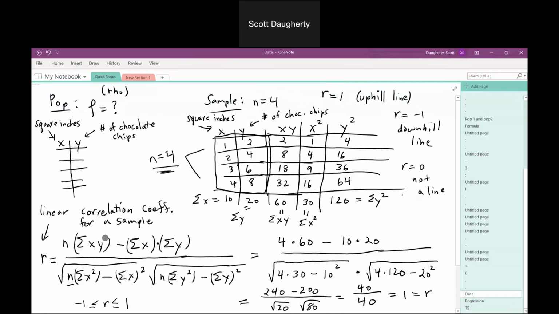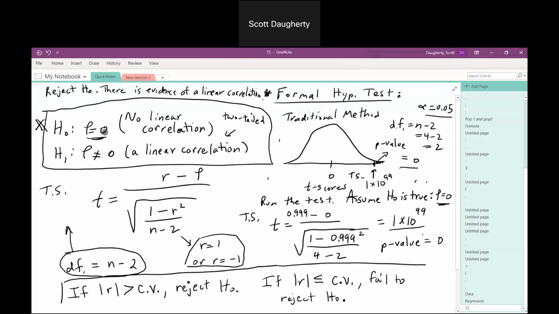And so the claim is whether rho is either 0, which is the null hypothesis, and if that's the case, then there's no linear correlation. And if rho is not 0, then that indicates that it's either 1 or -1 or close to it. That means there is a linear correlation, and that's the alternative hypothesis.